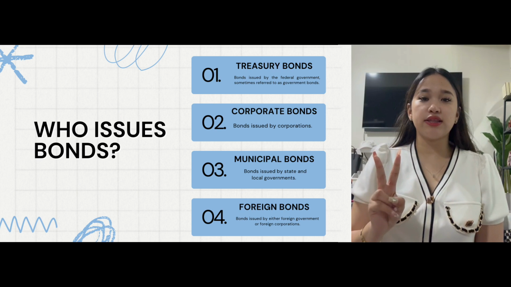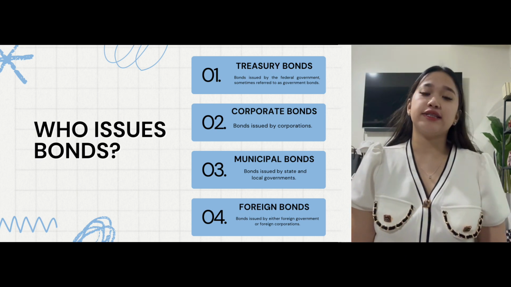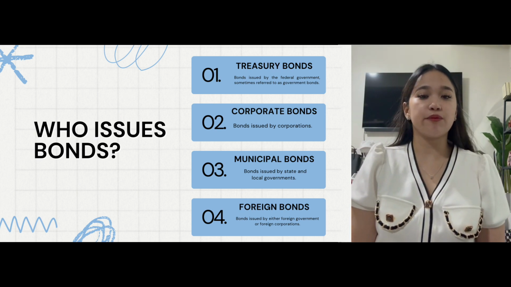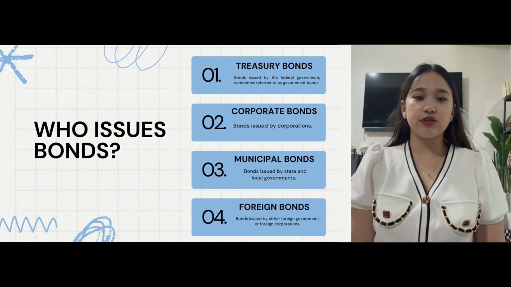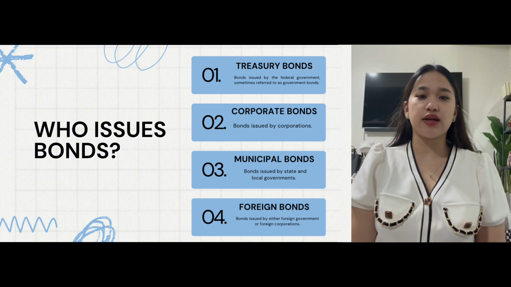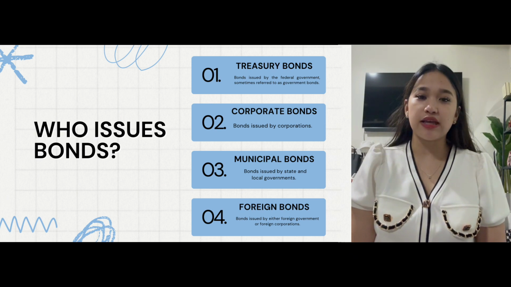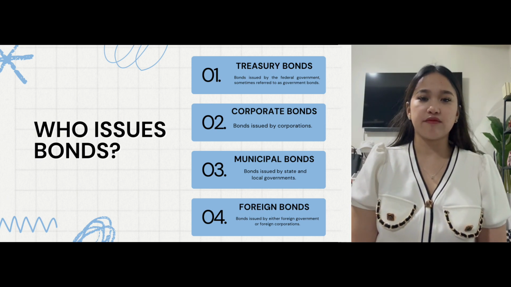The second one is the corporate bonds, which, as the name implies, are issued by corporations. Unlike treasuries, corporate bonds are exposed to default risk. If the issuing company gets into trouble, it may be unable to make the promised interest and principal payments.